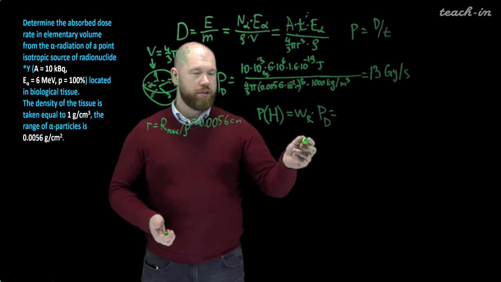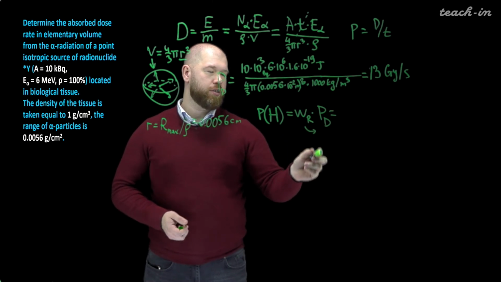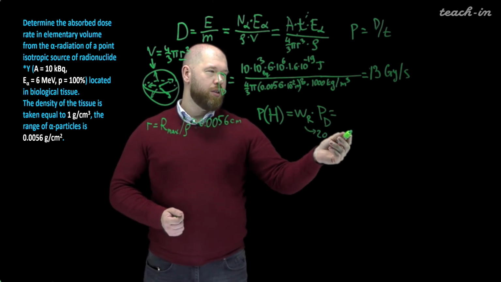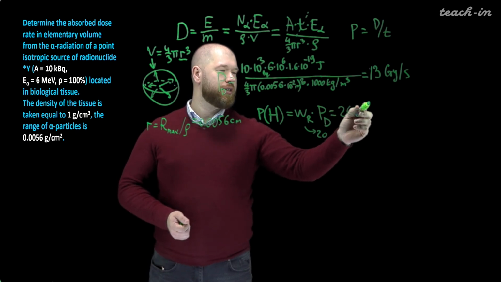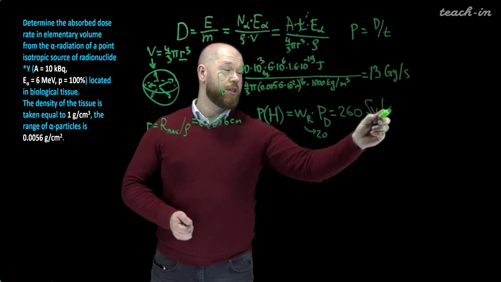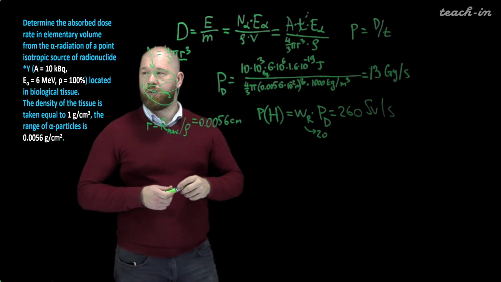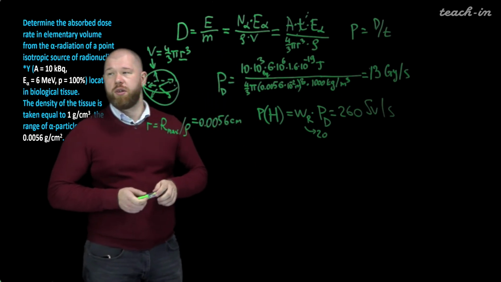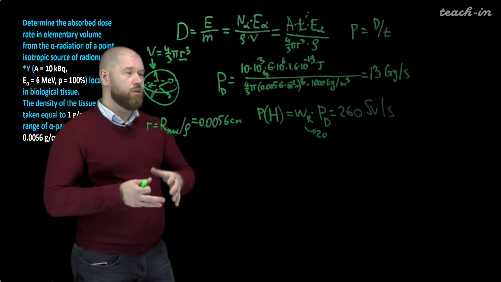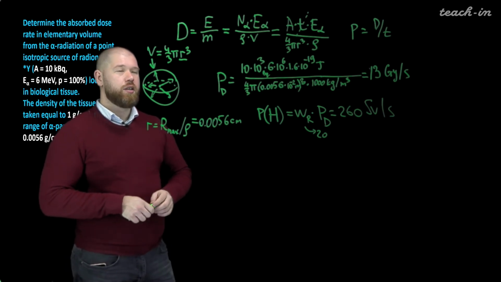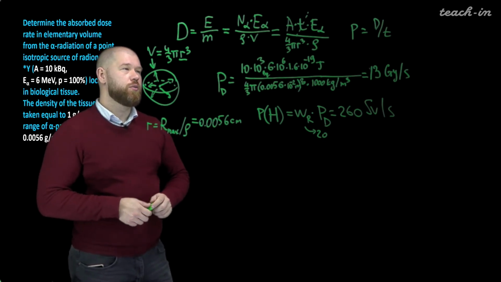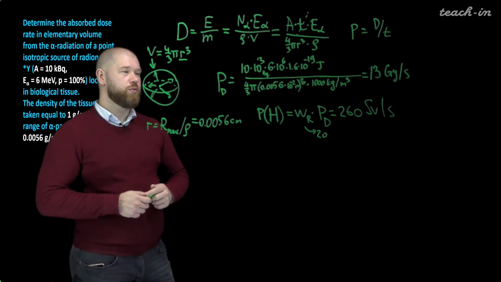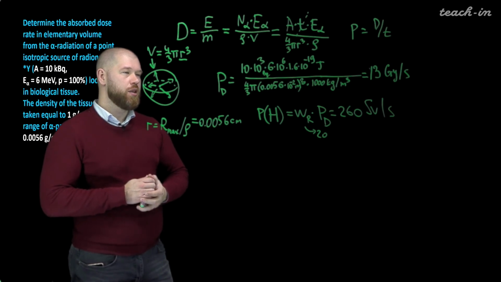So for alpha radiation, the weighting factor is equal to 20. So finally, we will have something like 260 sievert per second. That means that even 1 second will be enough to kill all the cells that are located in the sphere around this source of ionization.